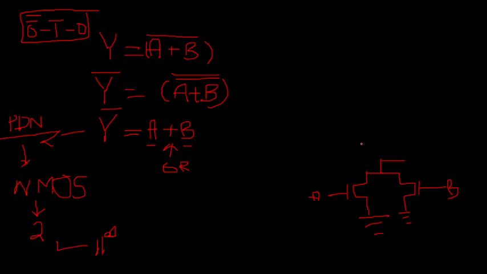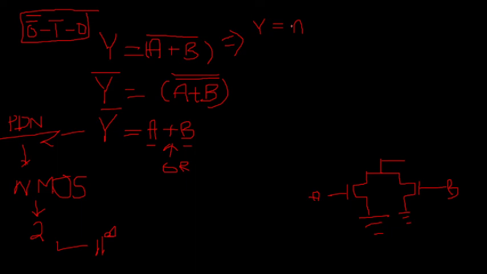So here also, if your A and B are in parallel, so PMOS to PMOS A and B should be in series. But because you are in the starting phase of learning, what I recommend you is you go step by step. So now that means for pull up network you have to start with y, and y is a plus b whole bar. So what actually y will be equal to?